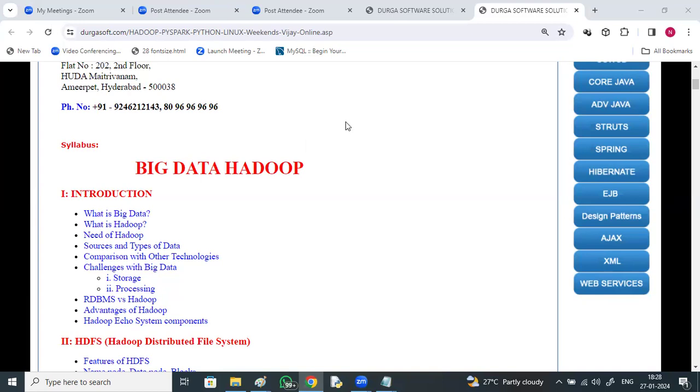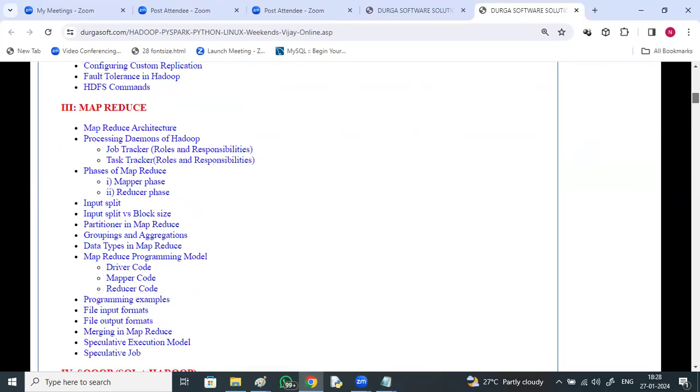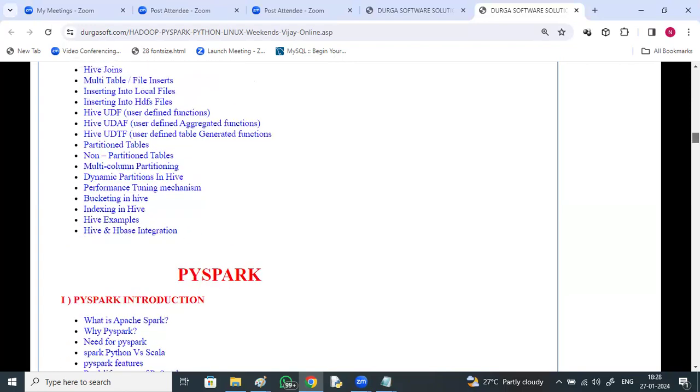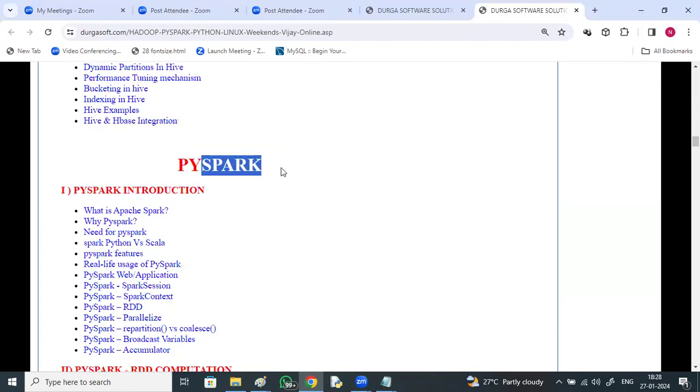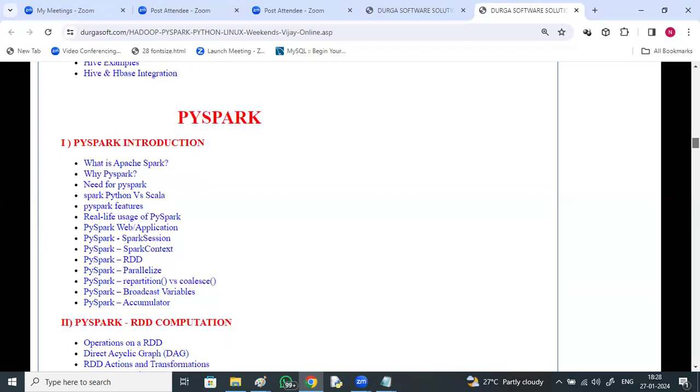Sir, for big data Hadoop, is Python also mandatory? PySpark, Spark with Python, right? Total coding goes in Python. I don't know, PySpark and Python are both different programming languages, right? So if PySpark is enough, we don't need to learn Python again?